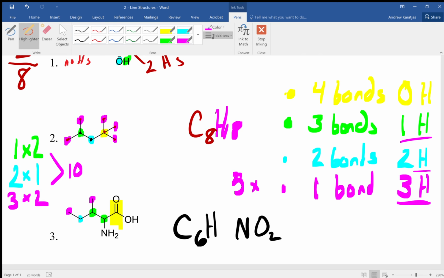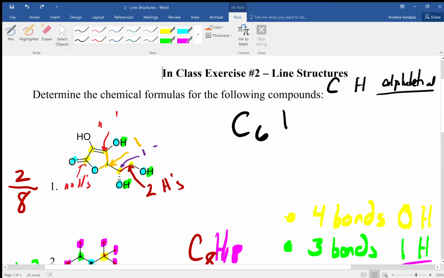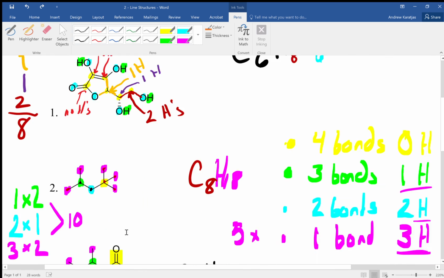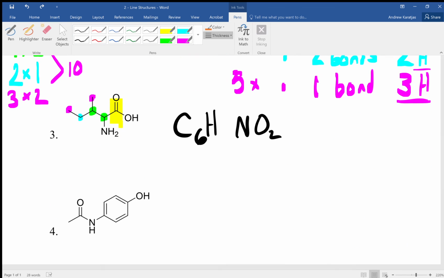But can't forget these hydrogens, the ones that are on the nitrogen and oxygen.